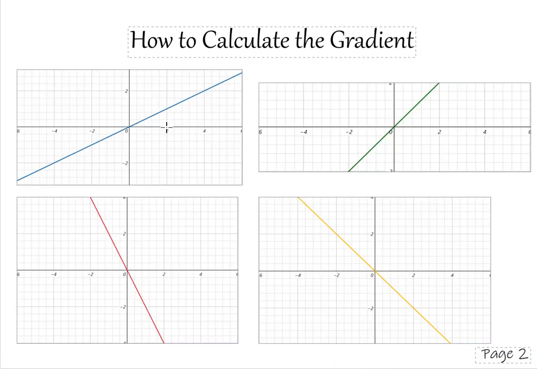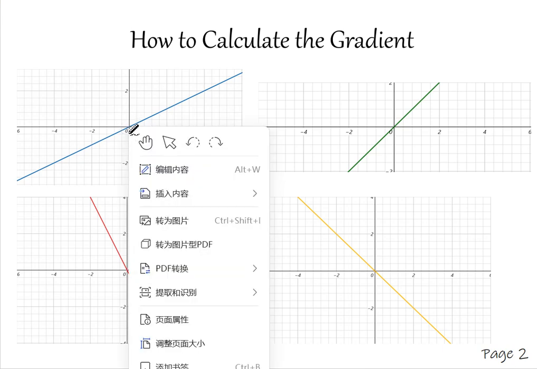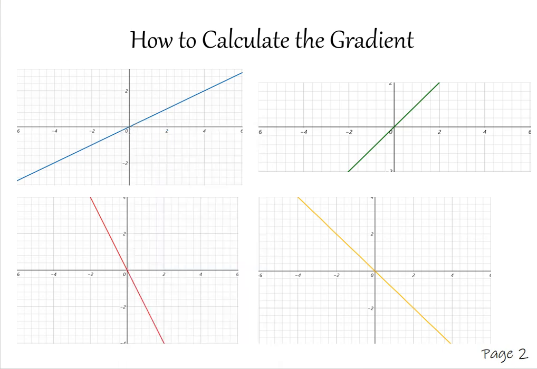So now let's move on to the second page. Here we look at the first page, and here I am writing. This point is 0, 0, and this is 1, as you can see.